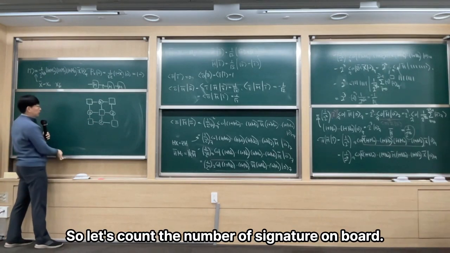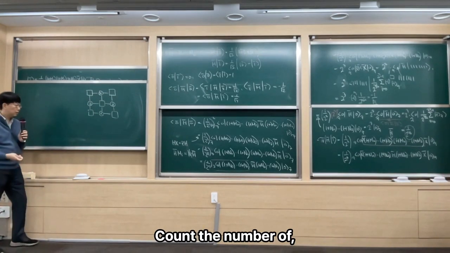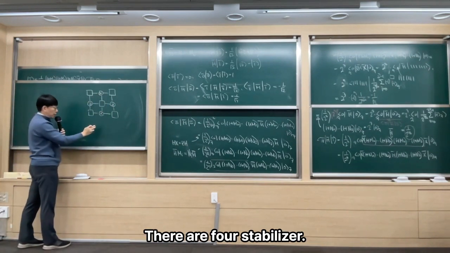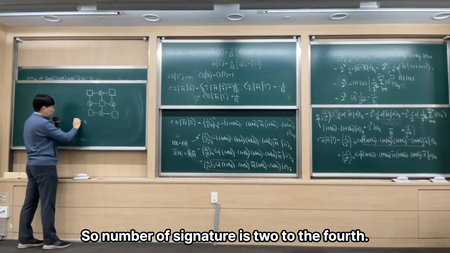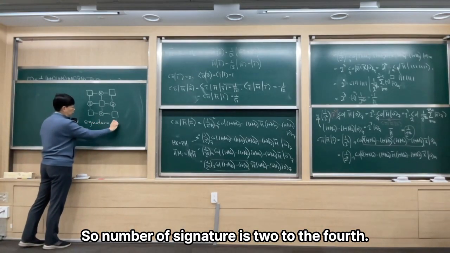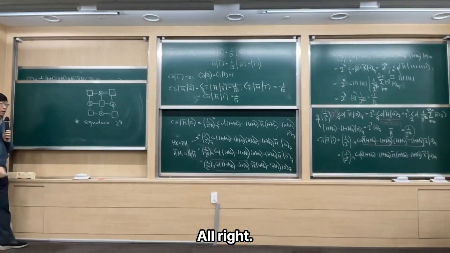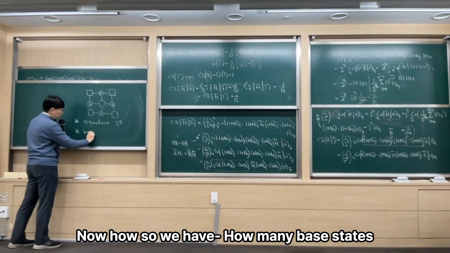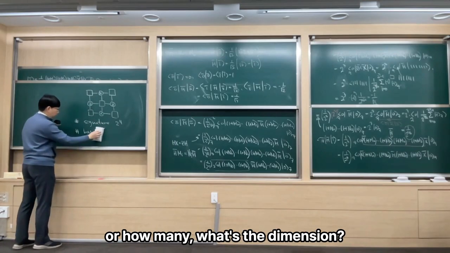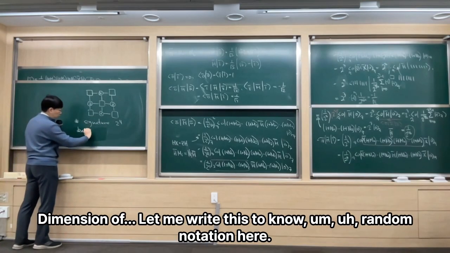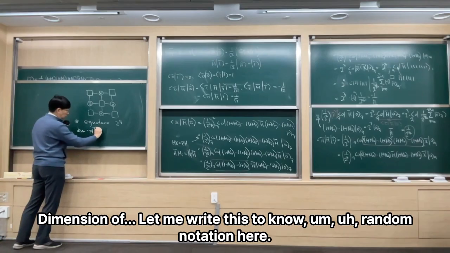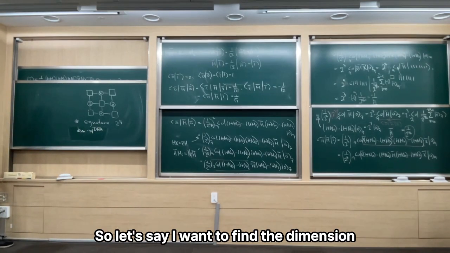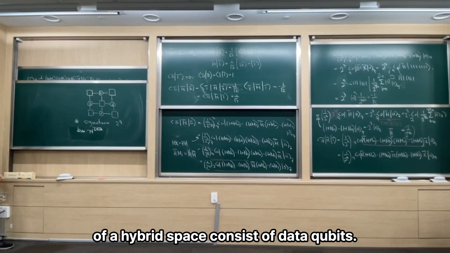So let's count the number of possible signatures. There are 4 stabilizers, so the number of signatures is 2 to the 4. Right? Now, what's the dimension of the Hilbert space consisting of data qubits?